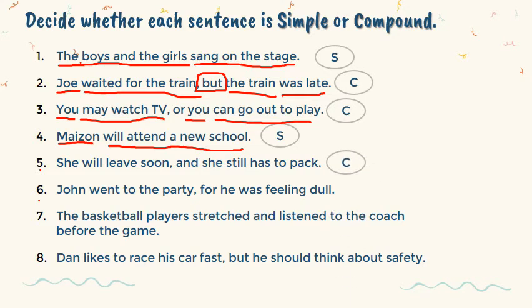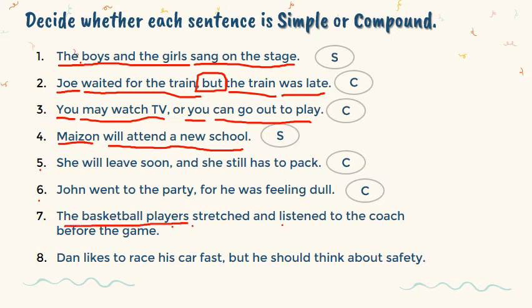Number 6: John went to the party for he was feeling dull. Going to the party is one thing, feeling dull is another idea. So this one is a compound sentence. Number 7: The basketball players stretched and listened to the coach before the game. The basketball players, this is the subject.